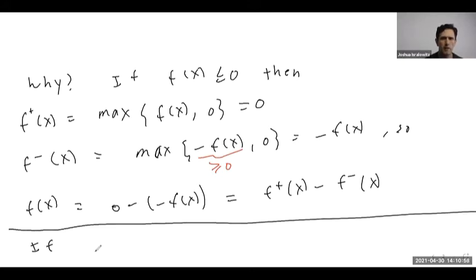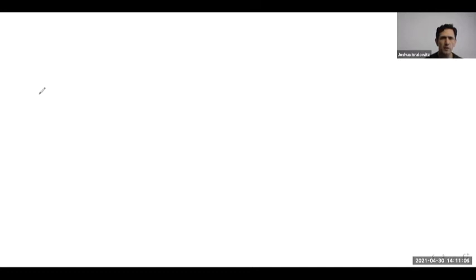On the other hand, if f of x is bigger than 0, then f plus of x is obviously f of x.